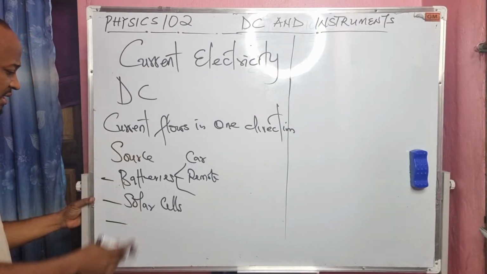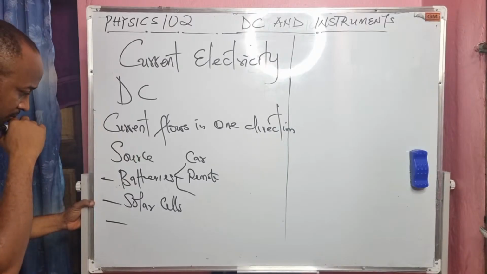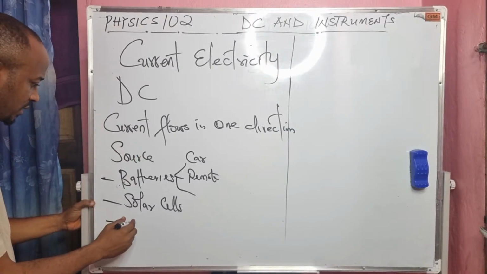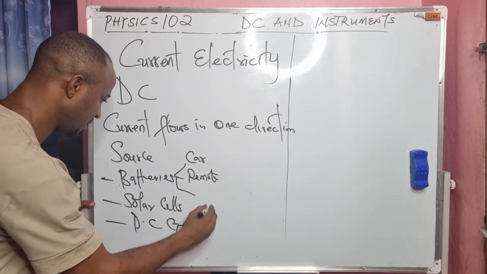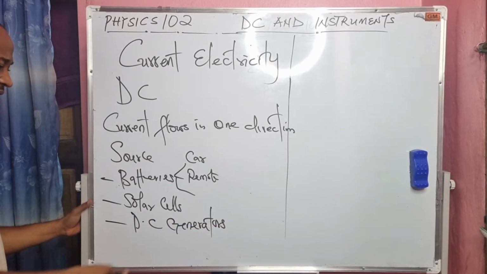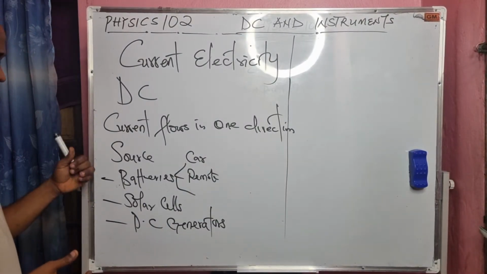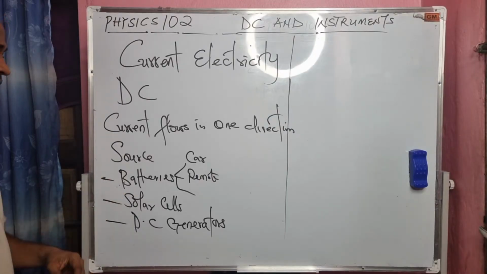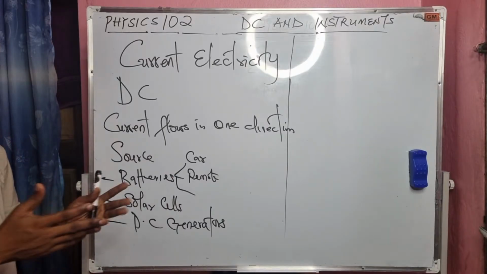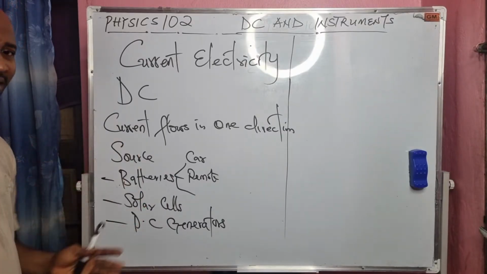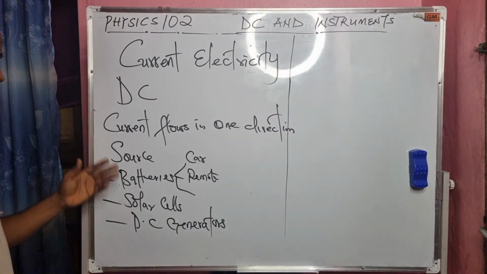Another example of a DC source is DC generators. So these are the sources or examples of DC. We have all batteries, whether it's a car battery, remote battery, or radio battery, any form of battery you can lay hold on has a direct current source.